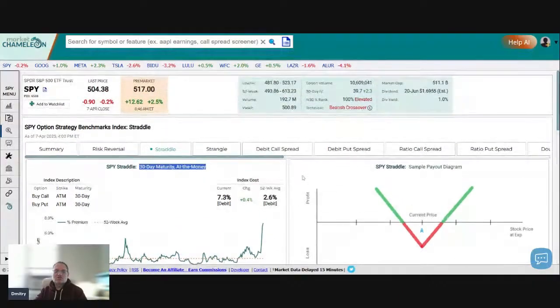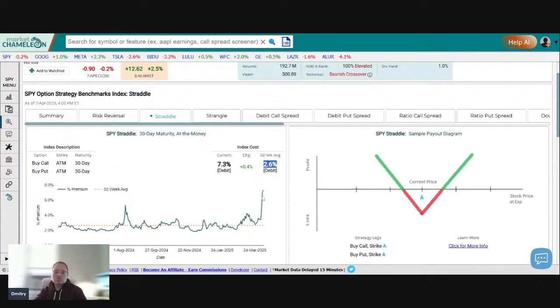For example, if the stock is 504.38 and we're looking at a strike of 504.38, based on the implied volatilities and 30-day constant maturity, that straddle costs you 7.3% of the stock price. How does that compare to history? Well, historically, the average is 2.6%.